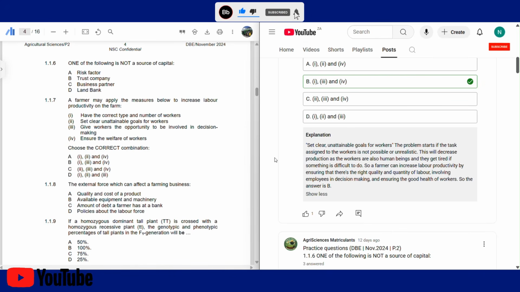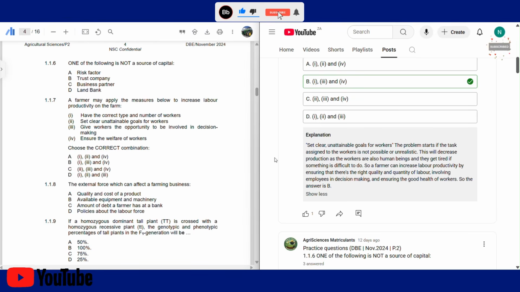Unattainable goals are those goals that are unrealistic, meaning they cannot be achieved, meaning they are more difficult because they're not realistic. So set clear, unattainable goals for workers was a red flag.